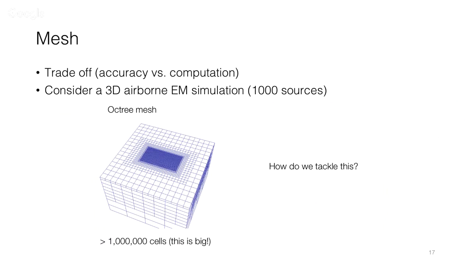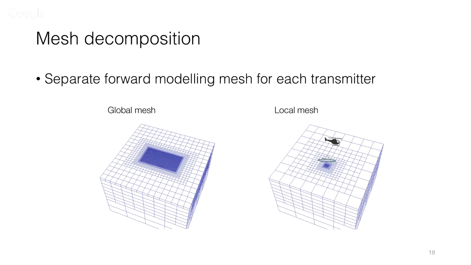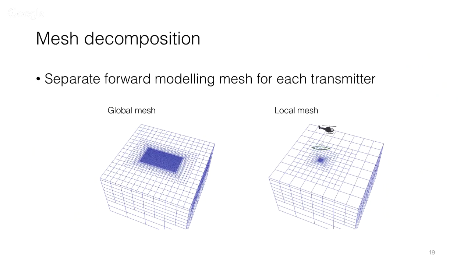Some people go entirely semi-structured, like octree meshes, which allow you, for a transmitter that's here, to have a fine number of cells around here, so that your Maxwell equation is actually not too big. And then if you change the location of your transmitter, you've got another mesh. And if you change it, you have yet another mesh. So separating out the inversion mesh from the local forward modeling mesh is a huge deal, and that can save a lot of time.